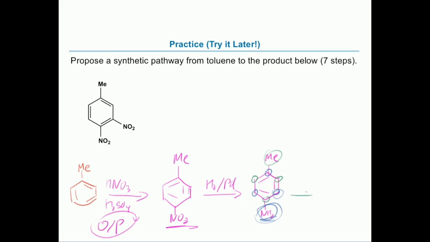So what we're going to do is acylate that first, give us this. That then allows us access to a pretty good donor, still stronger than the methyl.